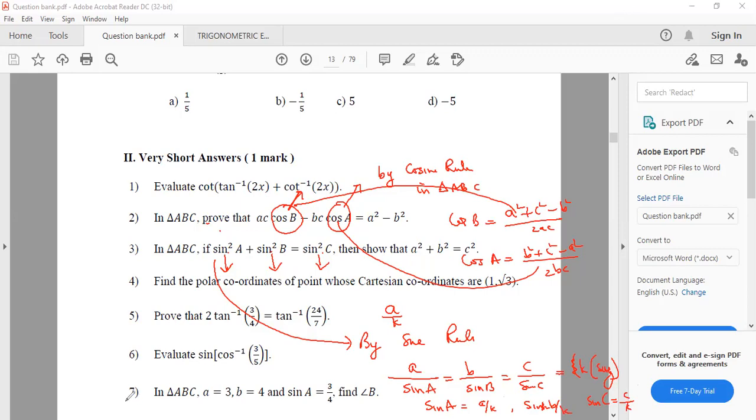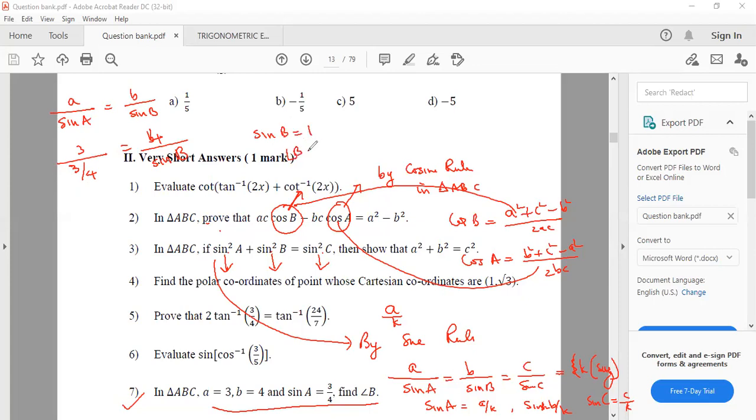Then do question number 7. Which rule will you apply? Sine rule. Substitute in the sine rule: A by sin A is equal to B by sin B. So replace A as 3, sin A as 3 by 4, B as 4 and sin B. So 3 got cancelled, 4 got cancelled, sin B is 1.